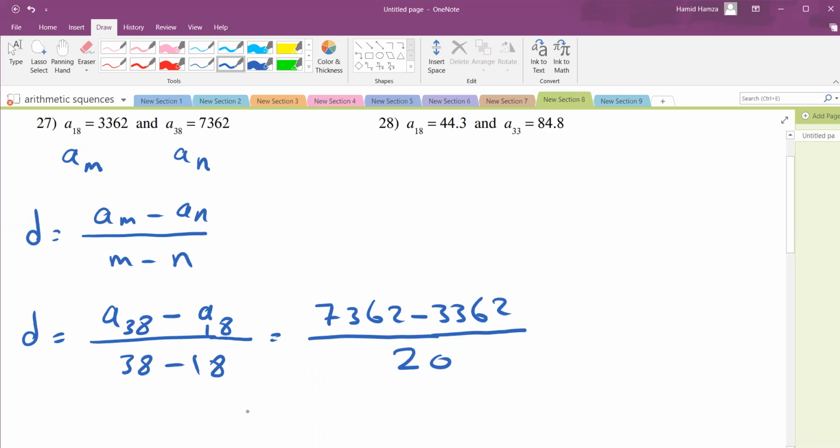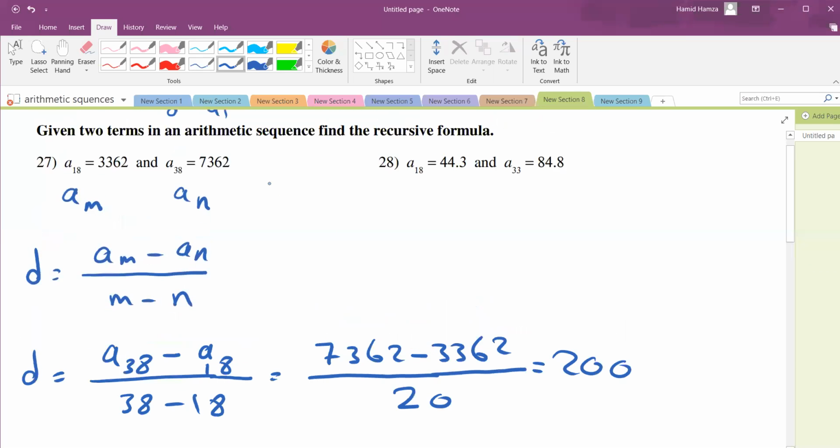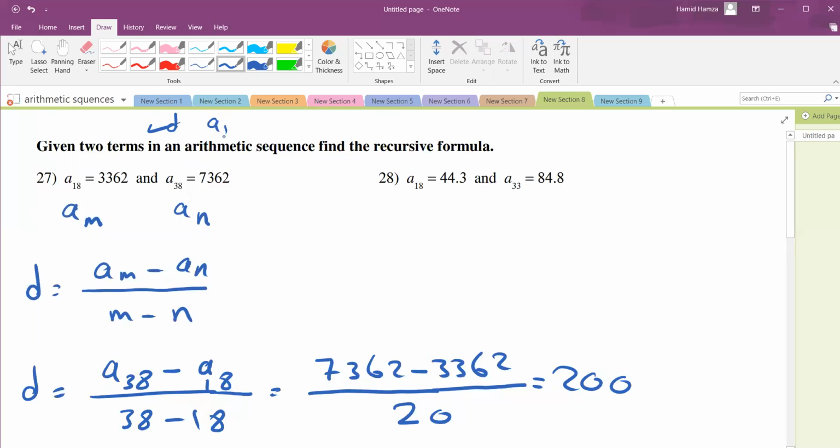So one of you give me the answer. It will be 200. So the common difference will be 200. So the first point is solved.